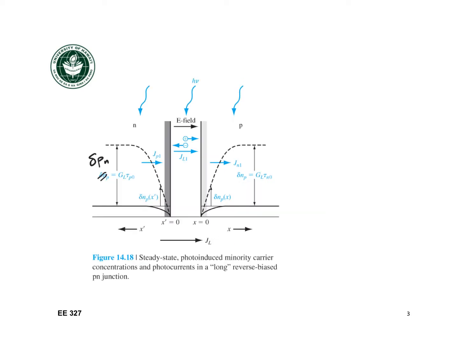Let's quantify these two components of the delayed photocurrent. So J sub N1 is going to be the electronic charge times the diffusion coefficient times the derivative of that excess electron concentration in the p side, and we'll evaluate that at x equal to 0.